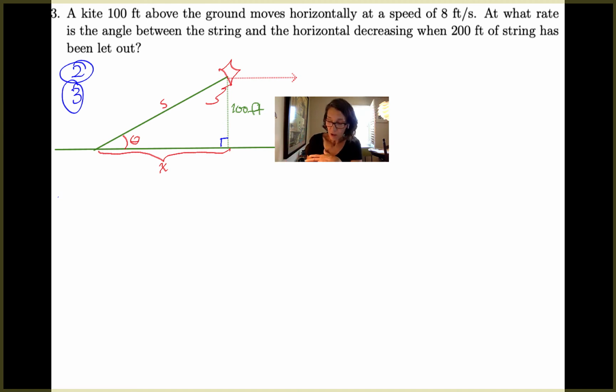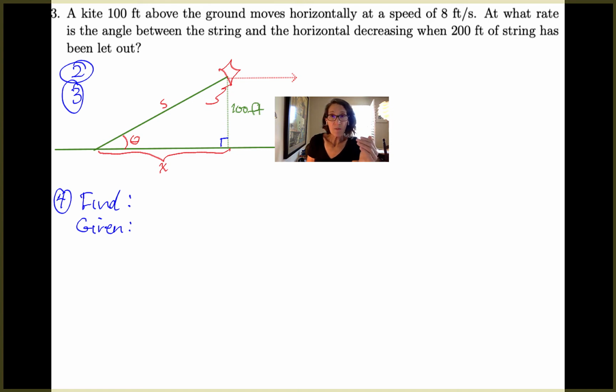So step 4 was write down what you're asked to find and what you're given. We're asked to find the rate at which the angle between the string and the horizontal is decreasing. We don't need to write that out, it's already written for us. We're going to write it as a derivative.